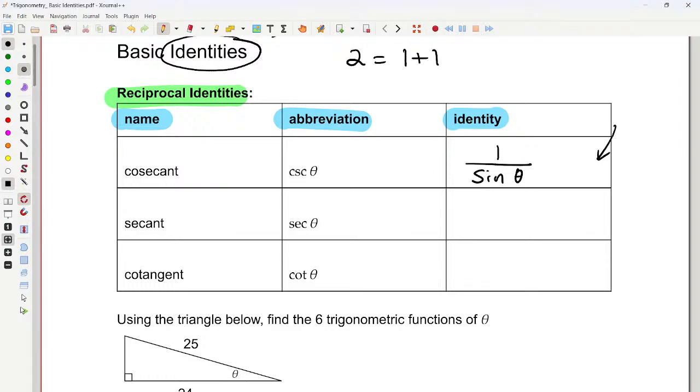In other words, flip the sine value. We'll apply it in just another minute.